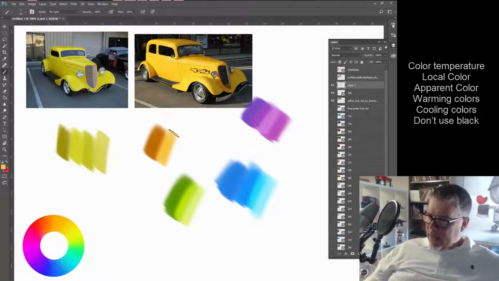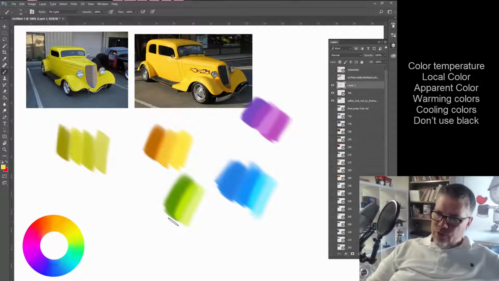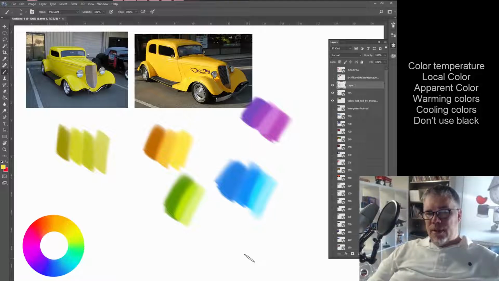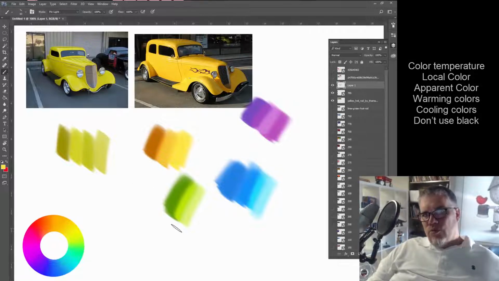Now, the last thing on talking about warming up colors is, as you warm the color, you will also often have to add a little bit of white. So you're tinting and you're adding the lighter color on the color wheel. And that'll keep your colors rich, but also moving lighter.